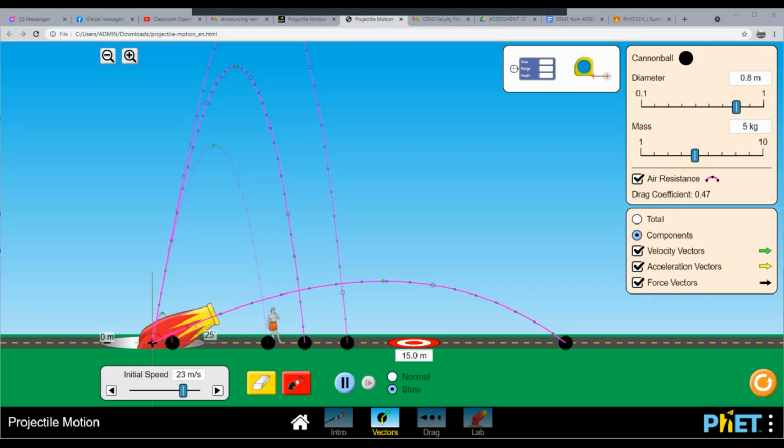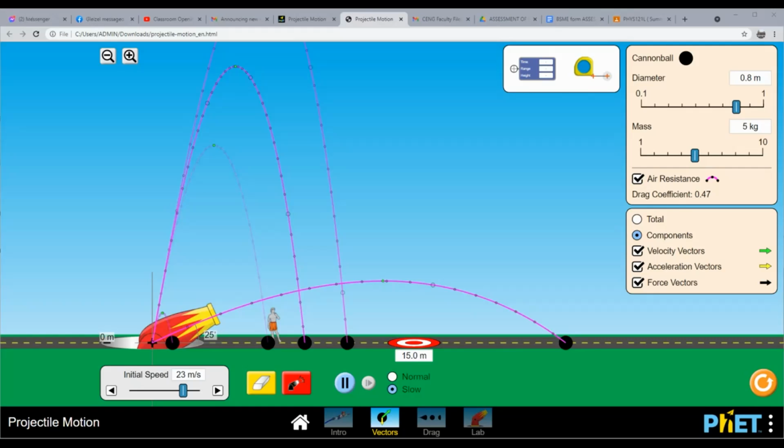Okay? So, how can you conclude? What can you conclude? The angle has a relationship with travel distance po. Okay, the distance traveled by the projectile, and it is directly proportional to the travel distance.